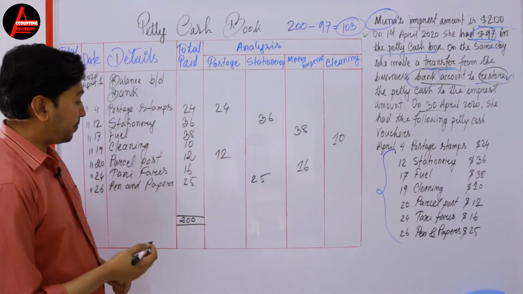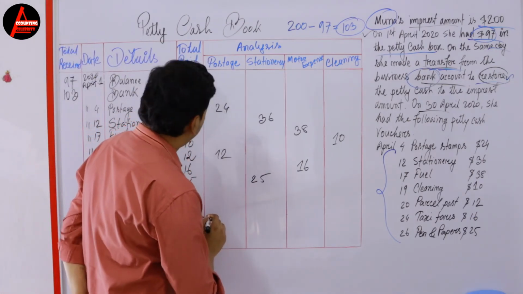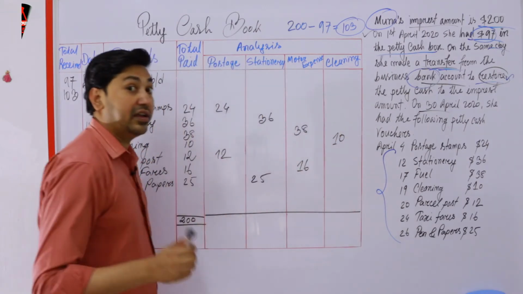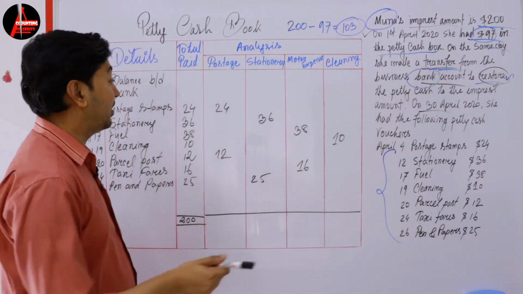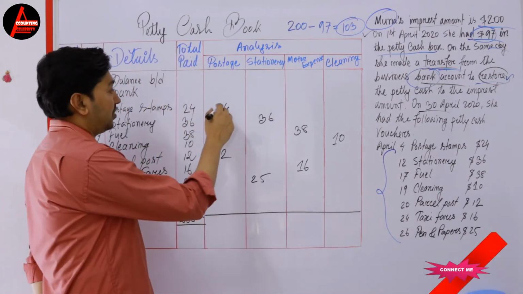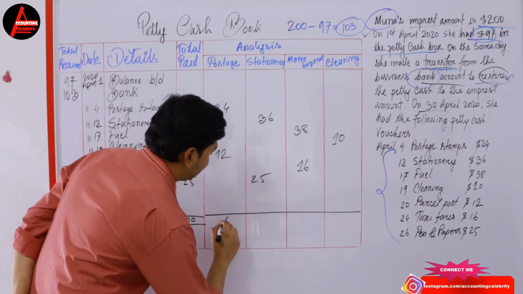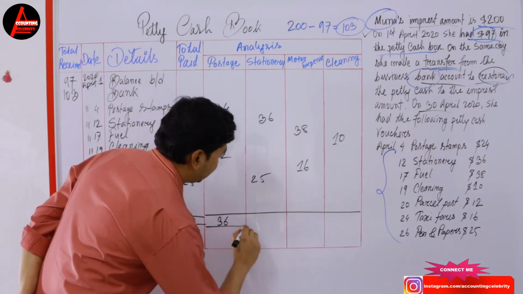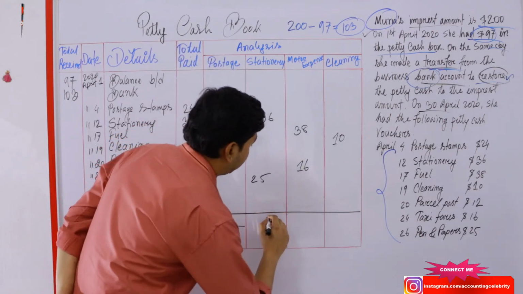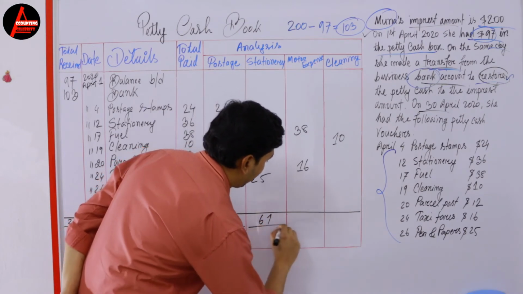At the same time, you can add all these analysis columns, okay, and insert the total of these analysis columns here, okay. So what is first one? 4 plus 2 equal to 6, 6, 3, 36. Then over here, 5, 6, 11, 3, 3, 3, 6, 61, okay.